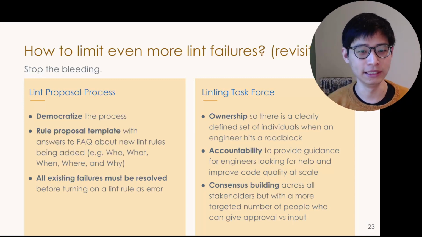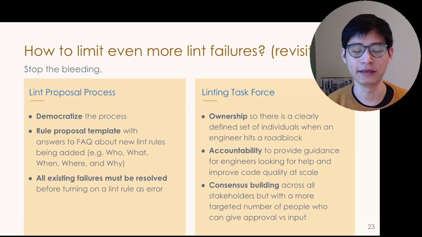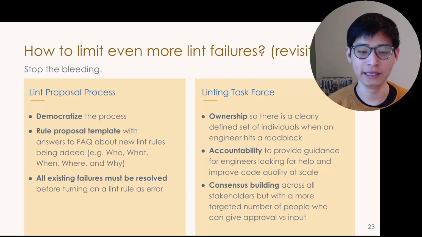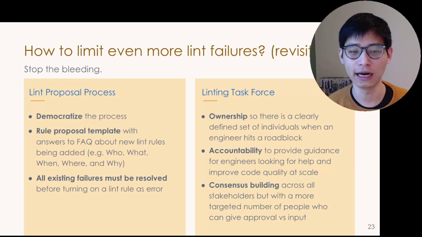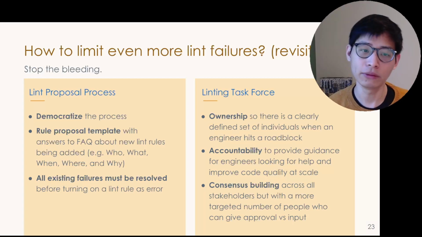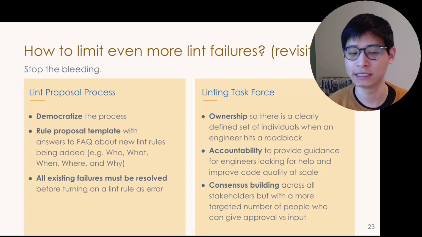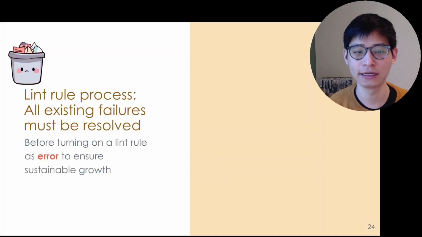The task force was tasked with making the code quality better, and existing lint failures are there to be resolved by the task force as well through the help of the community. So yeah, this went really well actually. We got a lot of lint rules proposed and added to the code base and made the code base a lot better and more maintained.